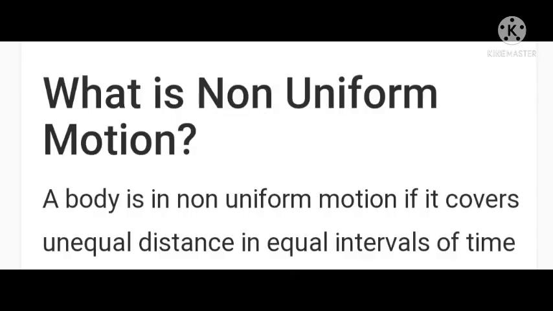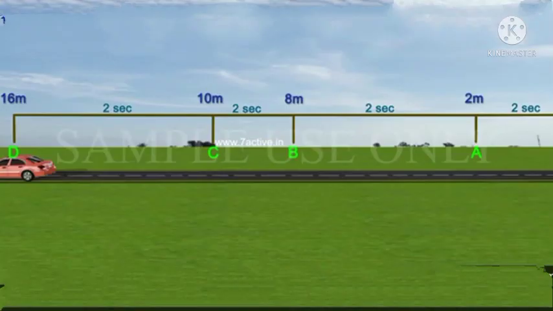Next, we will discuss non-uniform motion. An object is said to be in non-uniform motion if it covers unequal distances in equal intervals of time. Look at the picture. A car started its travel and reached the position D. The traveling distance is given in the figure.